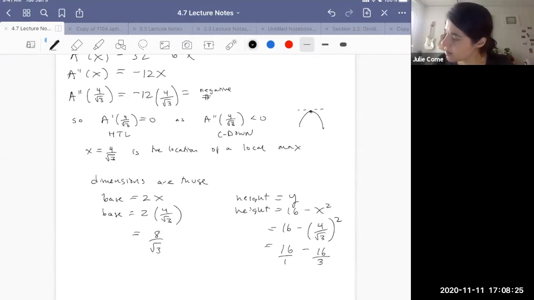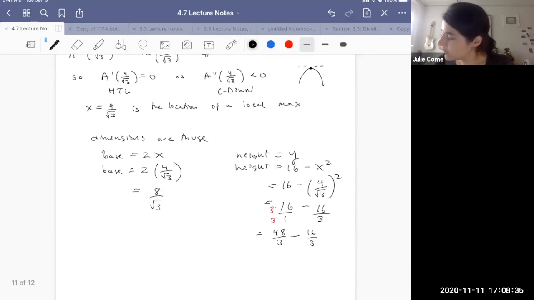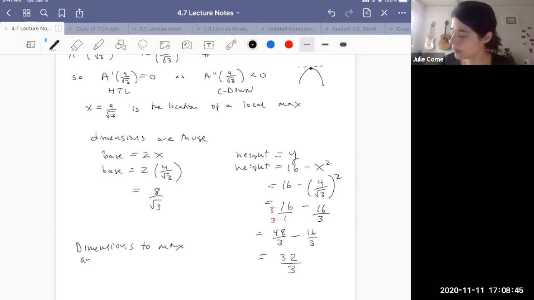Get a common denominator, we get 48 over 3 minus 16 over 3, which is going to give us 32 over 3. So the dimensions will be 8 over root 3 by 32 thirds.